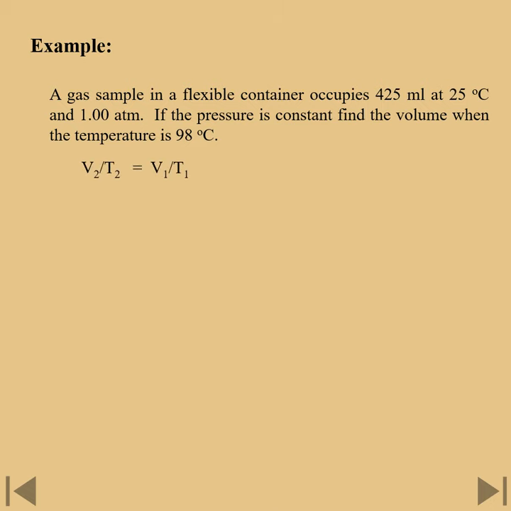So there's Charles' law. V2 over T2 is equal to V1 over T1. I just put the 2's on the left because the 2's to me represent what we're after, the final. And I'm after the new volume, so I'm going to multiply out T2, and here's my V2 isolated.